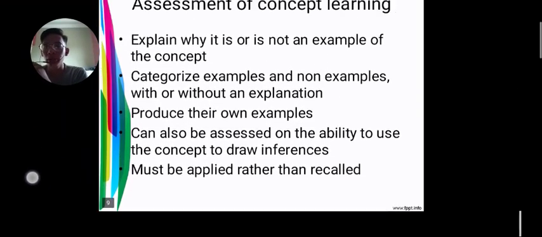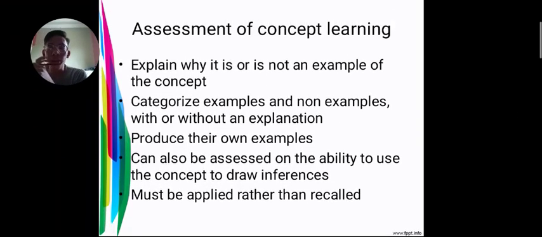So, the assessment of concept learning. This is the last material for this presentation. Learners explain why it is or is not an example of the concept, categorize examples and non-examples with or without an explanation, and produce their own examples.